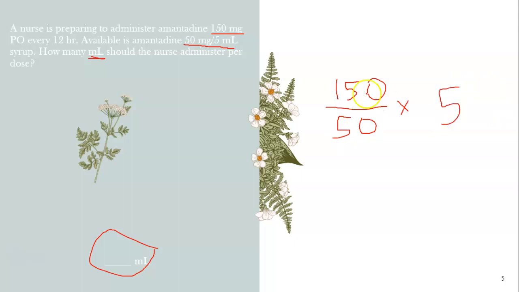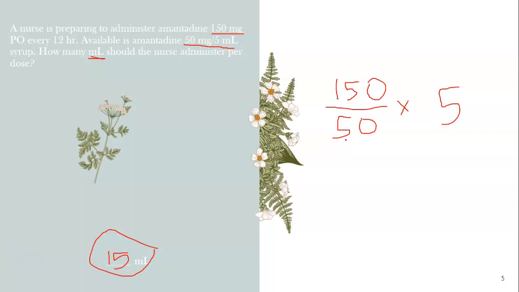Now technically, I could look at that and say 5 goes into 15 3 times. I can just do it all and put that math right in and not get confused at all. But if I thought 5 went into 15 3 times, wouldn't I be giving 3 of these? So I'm going to consider my answer is going to be 15. But I go ahead and put this in my computer and figure it out.